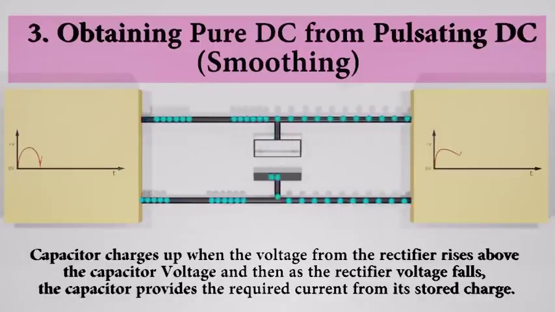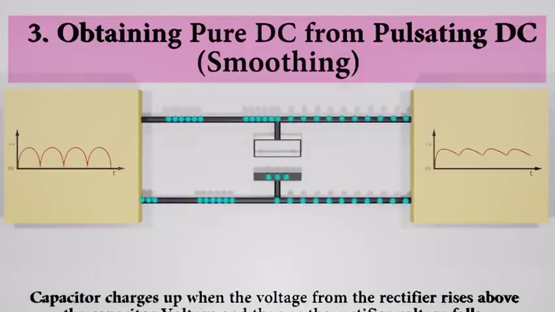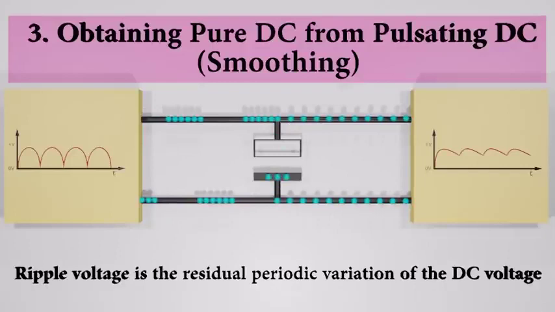The capacitor charges up when the voltage levels increase, and it releases the stored charge when the voltage level decreases. Even though the output is smooth, there are slight residual periodic variations.